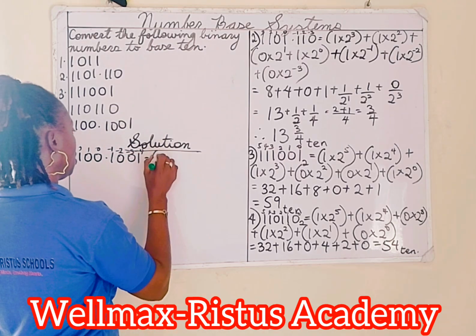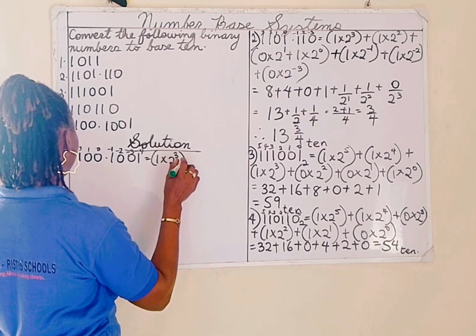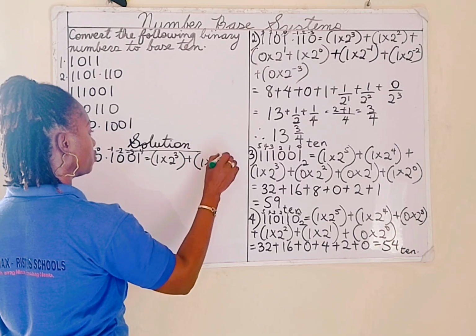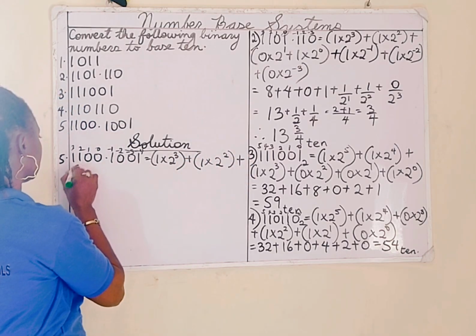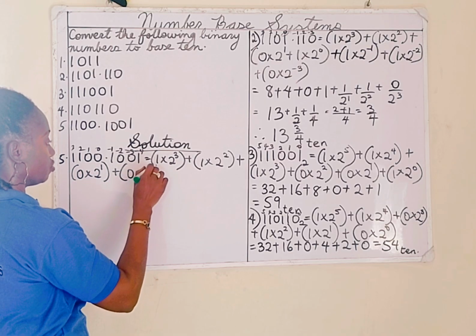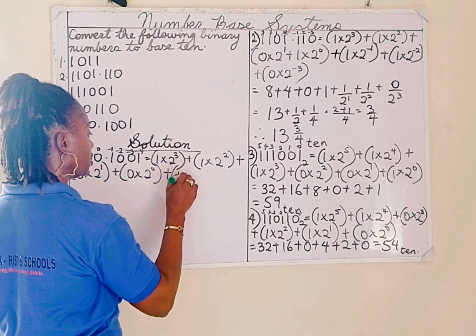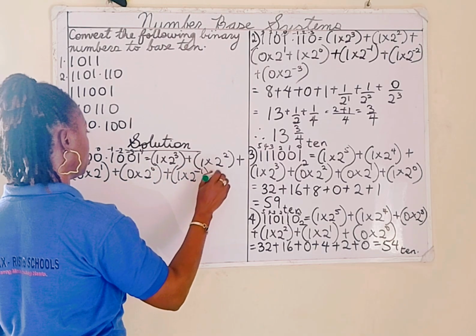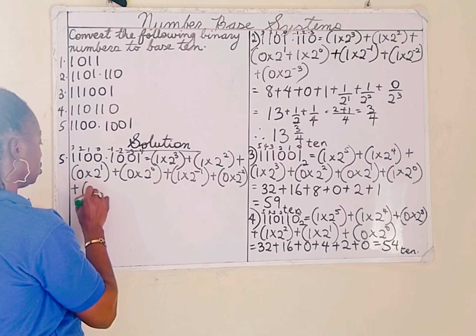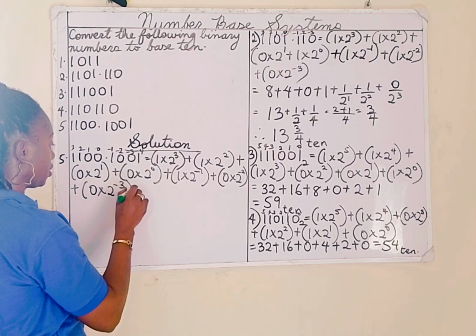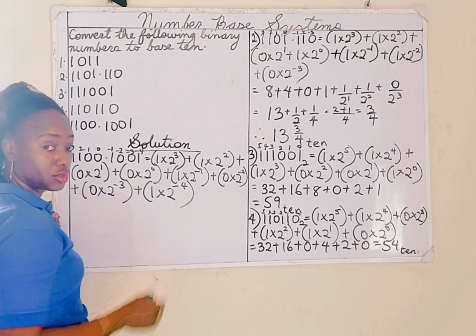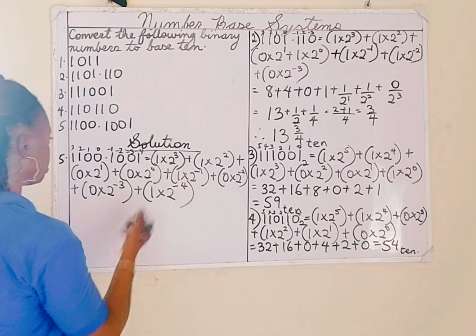Alright? 1 times 2 to the power of 3, plus 1 times 2 to the power of 2, plus 0 times 2 to the power of 1, plus 0 times 2 to the power of 0, plus 1 times 2 to the power of minus 1, plus 0 times 2 to the power of minus 2, plus 0 times 2 to the power of minus 3, and plus 1 times 2 to the power of minus 4.